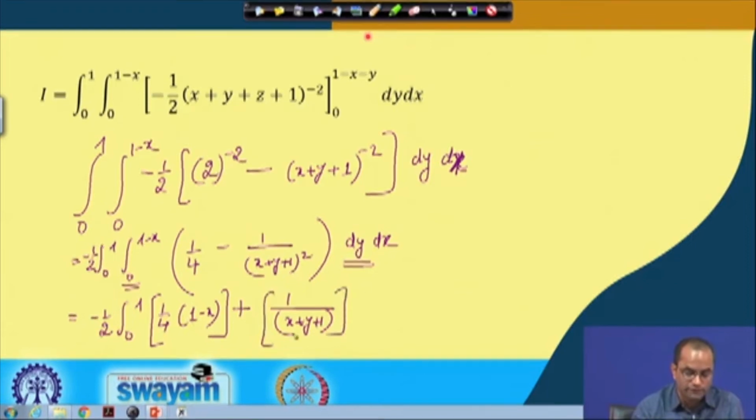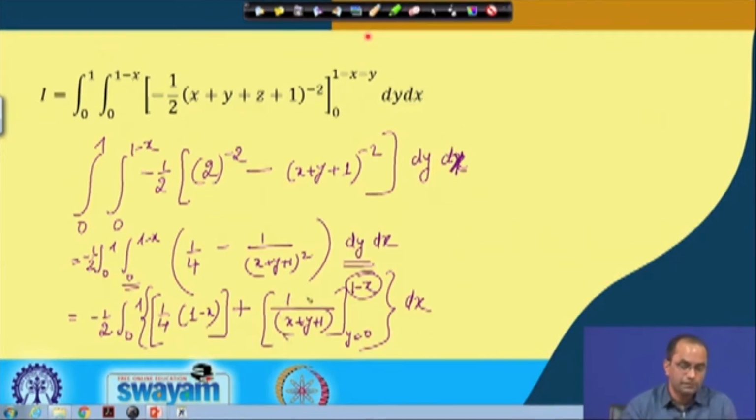So, in this case we have to put these limits for y, 0 to 1 minus x, and then everything will be integrated over x. So, by putting these limits here, 1 minus x for y, we will get again this 1 by 2 here, and then when putting this limit 0, we will get x plus 1, and that will give us the integration with respect to x in terms of the logarithmic.